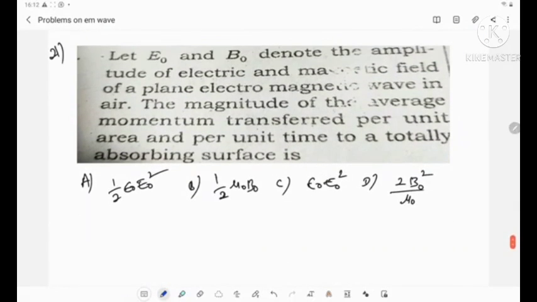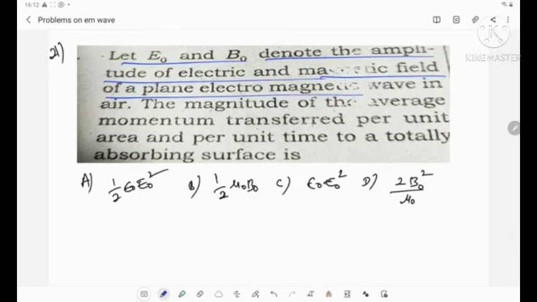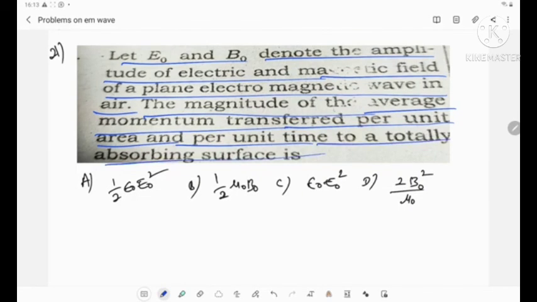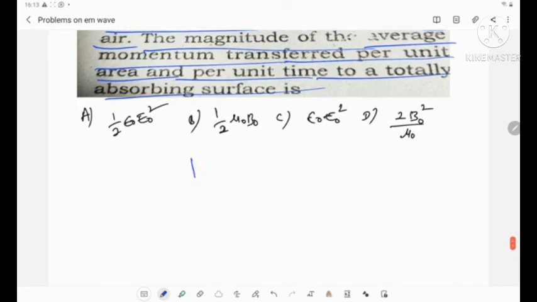Next, let E naught and B naught denote the amplitude of electric and magnetic field of a plane electromagnetic wave in vacuum. The magnitude of the average momentum transferred per unit area per unit time to a totally absorbing surface is. See here, momentum is equal to I into A into T by C. But here I would find out the momentum per unit area and per unit time.